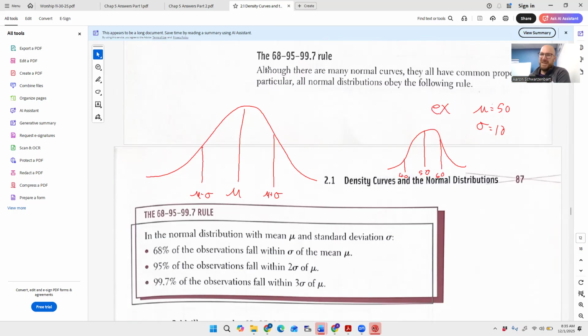So, this is an ANI test. Mean is 50, standard deviation is 10. That's probably a little small on the standard deviation, but whatever.